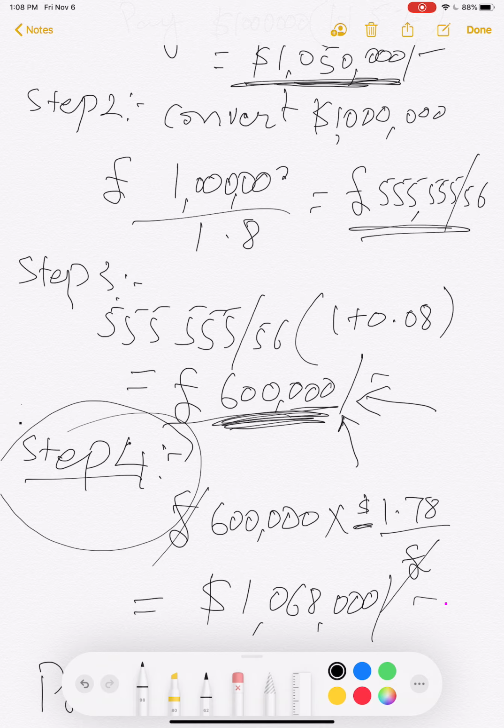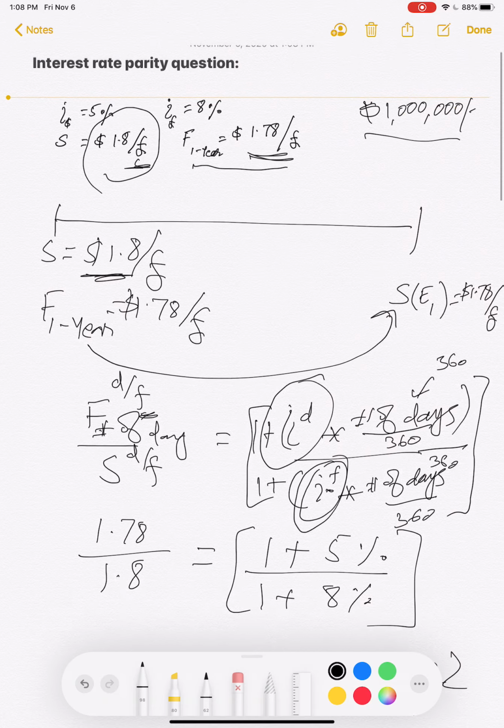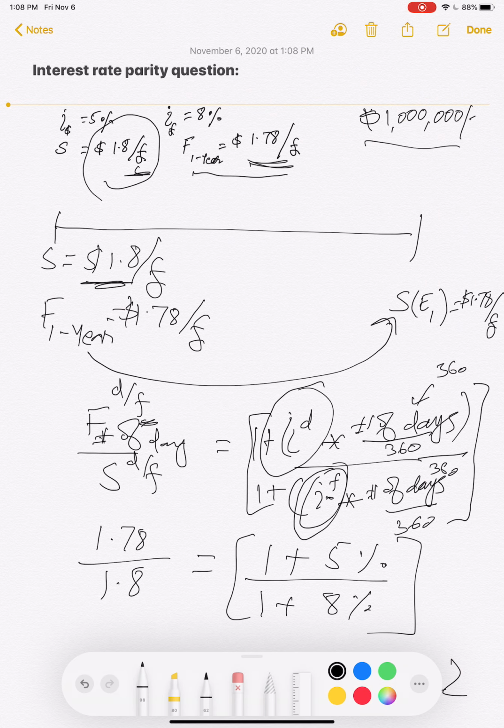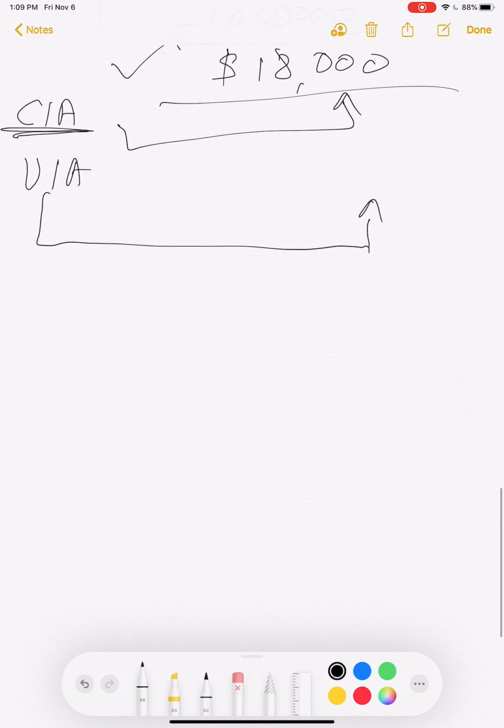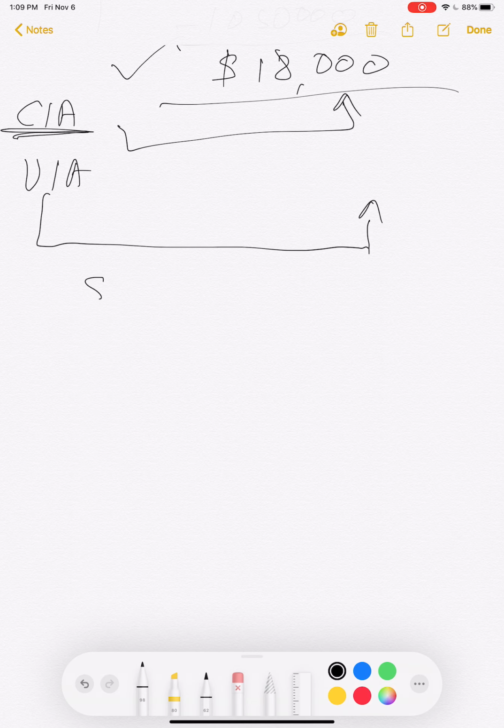So let's suppose that instead of the rate of 1.78 dollars per pound, the rate turned out to be, say, $1.82 per pound after a year. Has the pound appreciated? Yes, the pound appreciated.